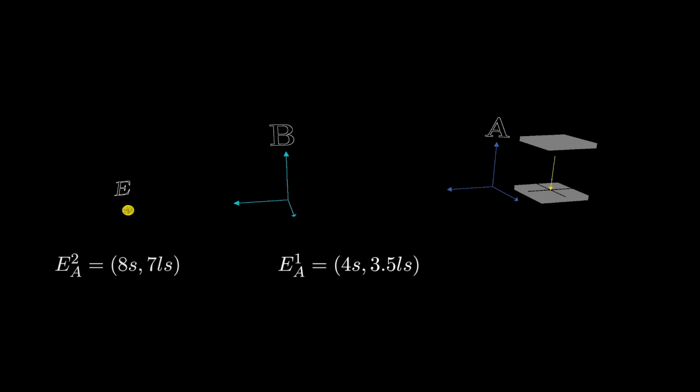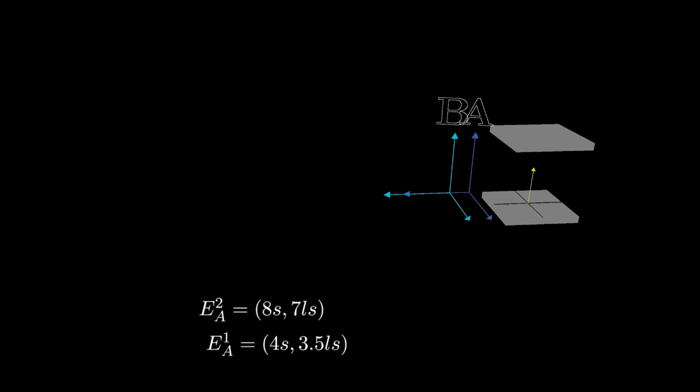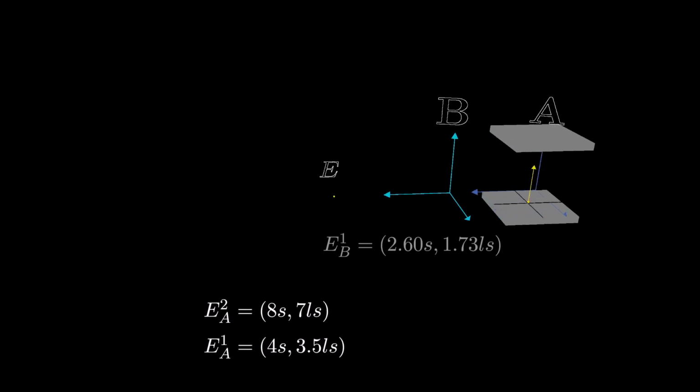To understand what that could be, let's again look at a scene with two coordinate systems and two events. From the perspective of system A, the first event takes place at these coordinates, and the second event at these. We can again use the Lorentz transformation to calculate the coordinates of these events, as seen from system B, from where the scene looks, as you can see, completely different.